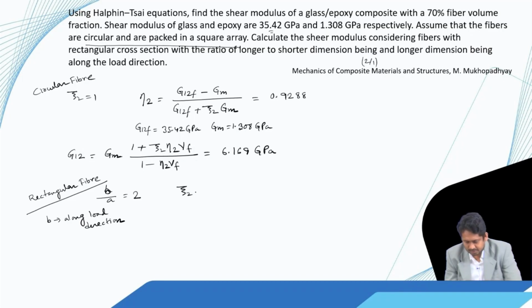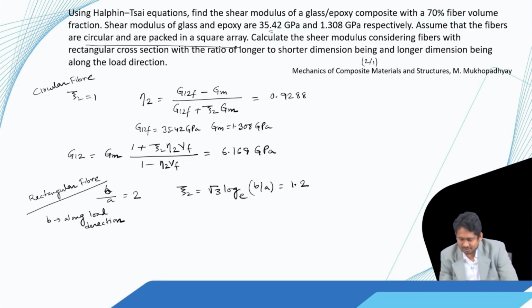So, xi 2 is now root 3 log of B by A, and if we evaluate that, then xi 2 becomes 1.2, and with that xi 2, when we evaluate eta 2 using this same relation, eta 2 turns out to be 0.922.